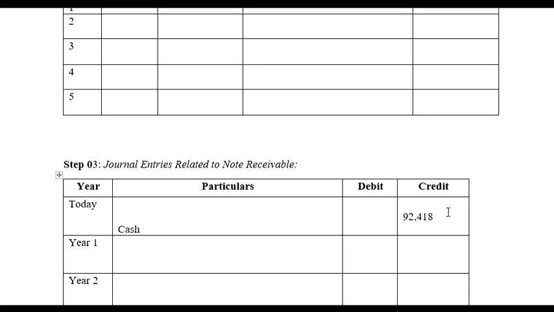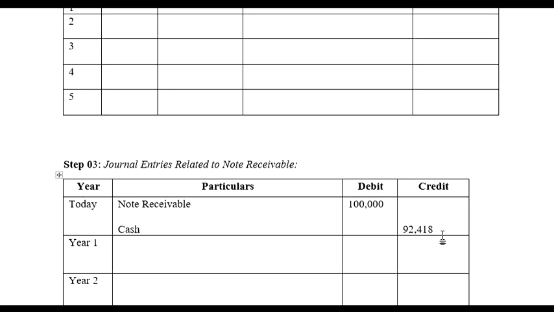Now why are we paying money? Because we will receive, or we have received, a note receivable worth $100,000. So according to the debit and credit rules, the total of the debit is not equal to the total of the credit. That's a little problematic for us.